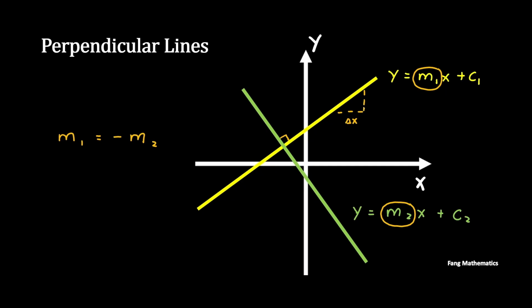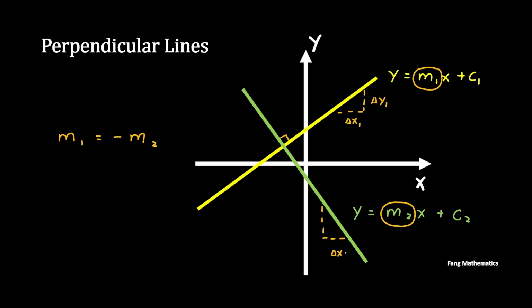So I believe you have this as change in y. Remember the length of this change in y, and we use the same length of change in x and determine the corresponding change in y in this green line.